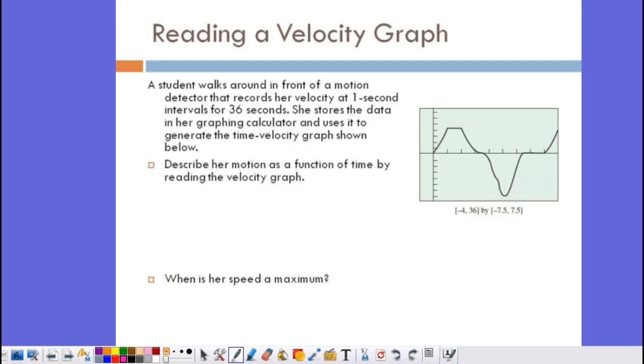So again, what did they just tell you? What is this a graph of? It's a velocity graph. Yes, it's a velocity graph that's showing her motion. So it's hard because you're reading a velocity graph, yet I'm asking you to describe motion.